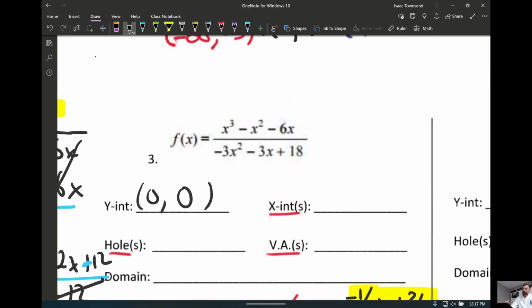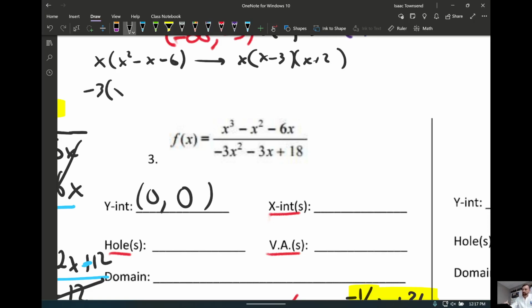But for these, I'm going to need to factor. Looks like we've got a GCF and a trinomial in the numerator, and a GCF and a trinomial in the denominator.